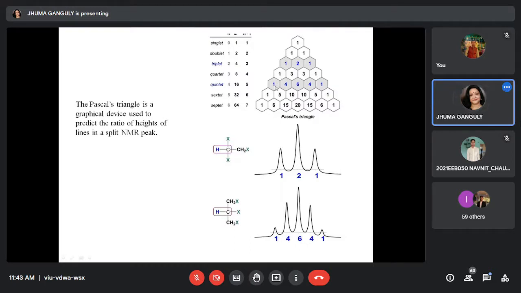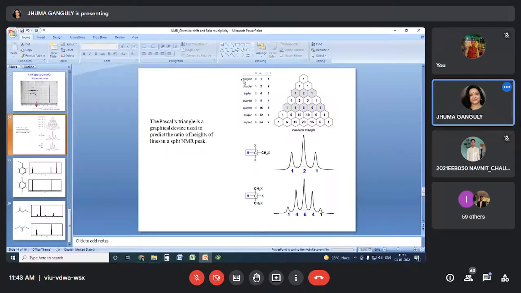Again 1 coming down, then 1 plus 3 is equal to 4, 3 plus 3 is equal to 6, and 3 plus 1 is equal to 4, and 1 coming down. Actually, this is the ratio of the lines formed in the multiplet. So for a singlet it is 1, doublet is 1:1.